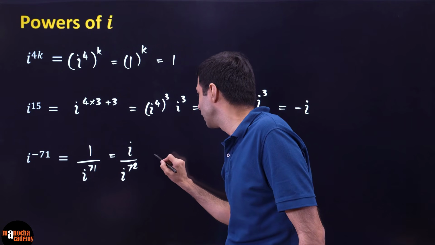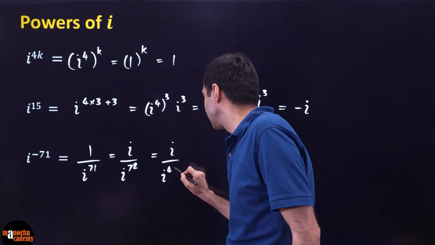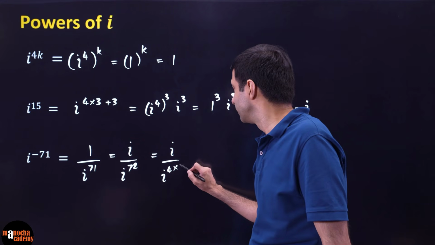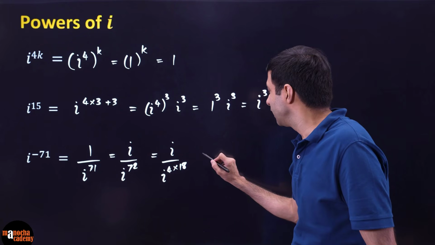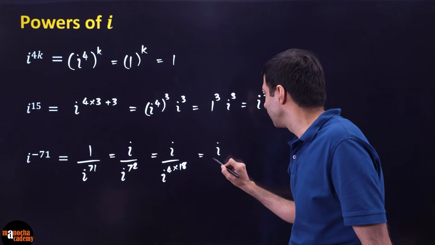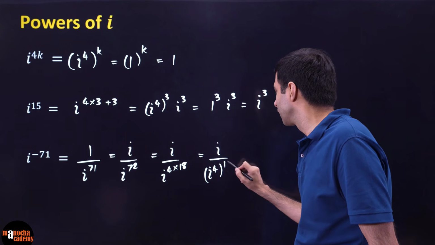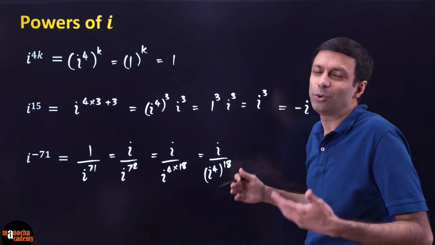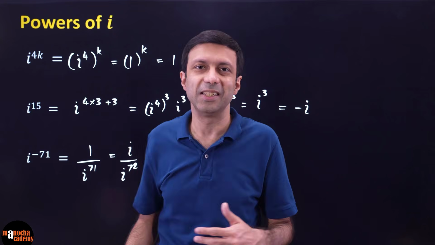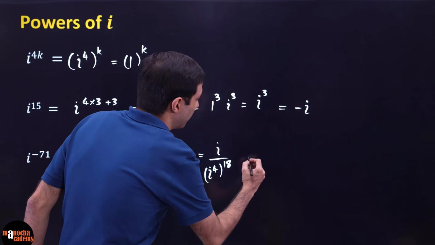And we definitely know that this is i to the power 4 times 18 here. 18 fours are 72, right? So basically we are getting i divided by i to the power 4, to the power 18. Basically we are getting the form i to the power 4, to the power k. We don't care whether it's 18, 20, whatever, since it is a multiple of 4, and this i to the power 4 is very easy.